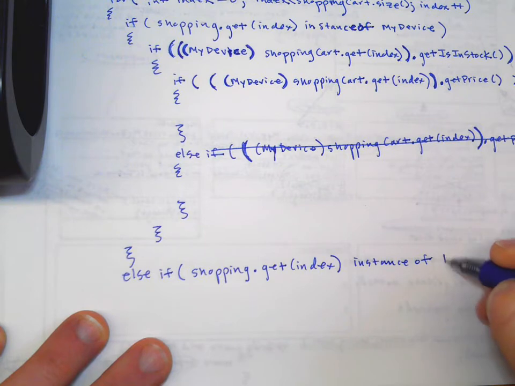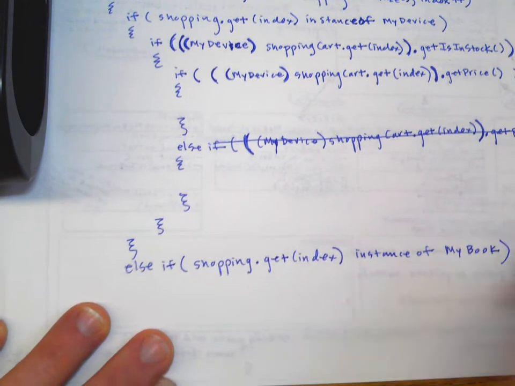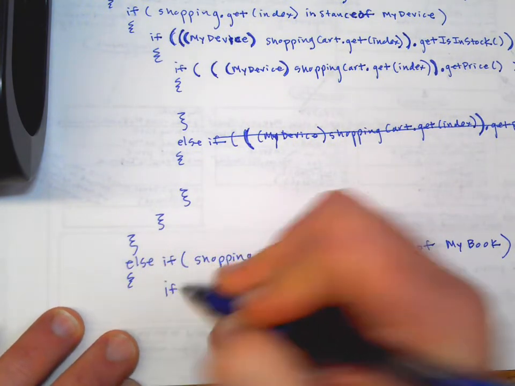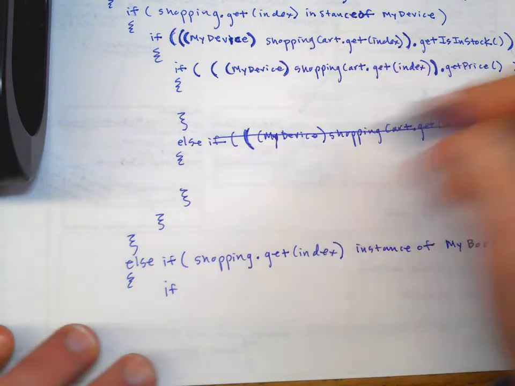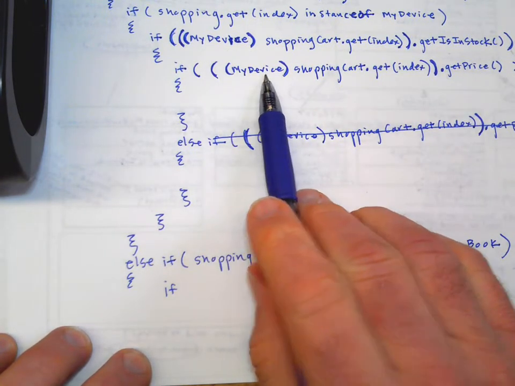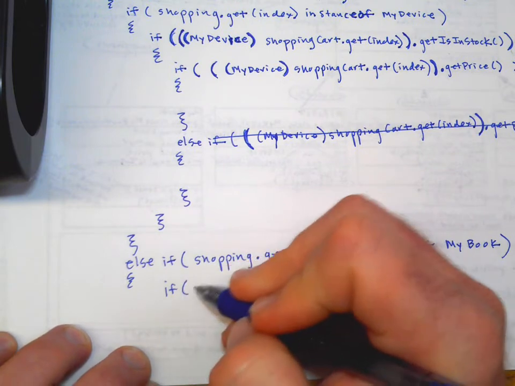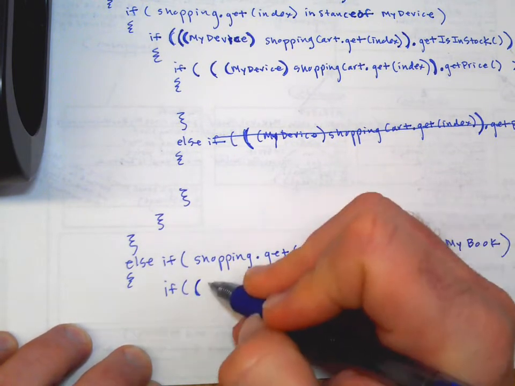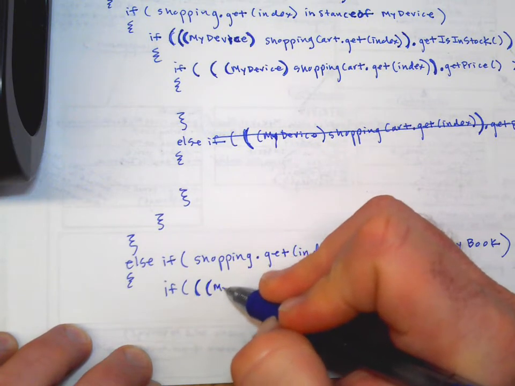and we say a my book. Is this a my book? If it is, then we're going to go through the whole same process. You're pretty much going to have the same code, but you're going to cast it to my books, right? So you're going to say if, parentheses. So we know it's a my book, so let's cast it to a my book.